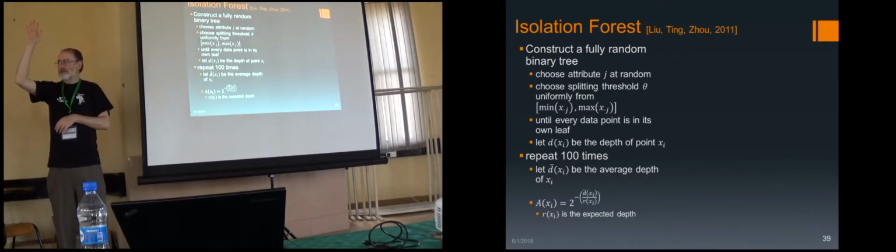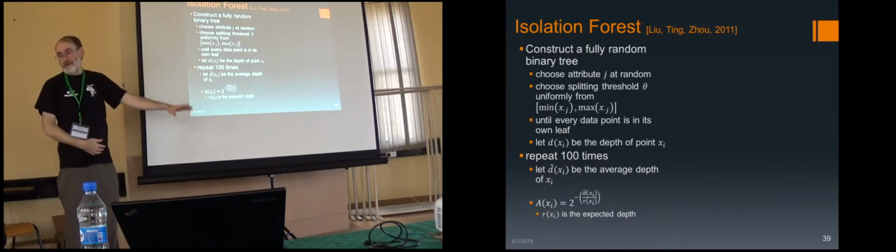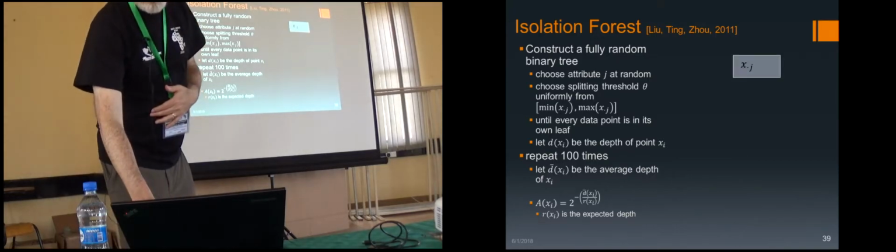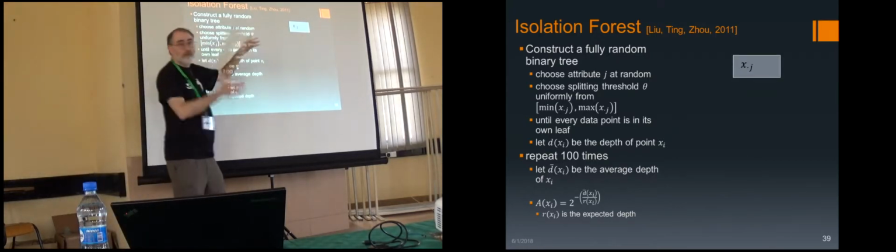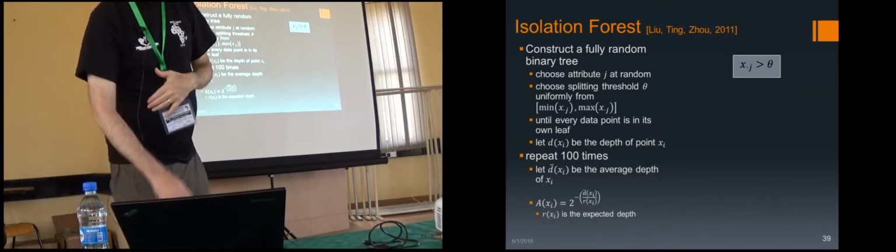Yeah, so maybe a third. So the idea of a decision tree is basically a big nested if-then-else thing. So we're going to make a random if-then-else piece of code that'll have a tree structure. And so we grow it this way. We choose one of the attributes, one of the dimensions, one of the features at random, the jth one. And then we choose a threshold.